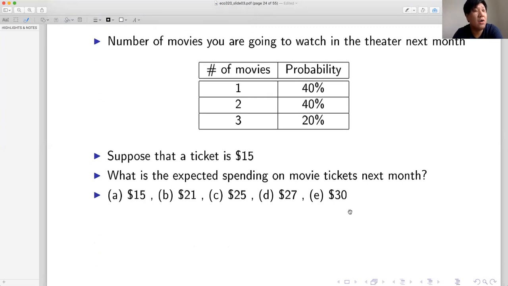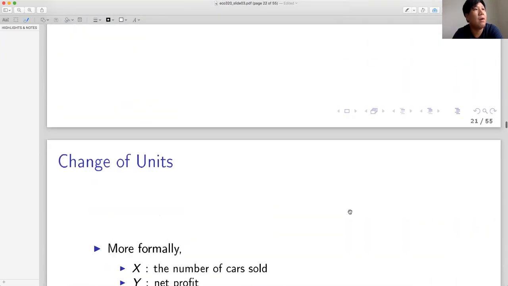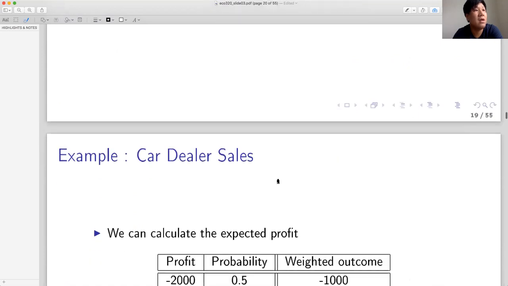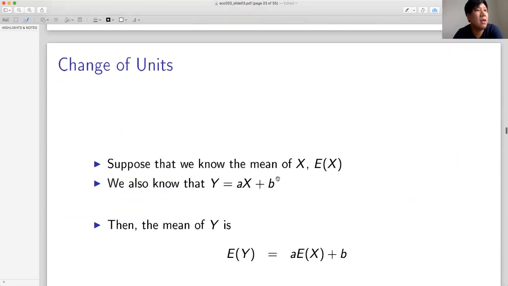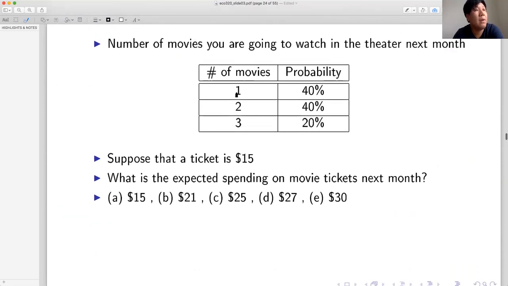The first thing you want to do is like you did in the previous question, where we found the expected profits. With respect to each car sales, the profit is negative 2,000 if we are selling 0 cars, and profit is 1,000 if we are selling 1 car, like that. You just do the same thing. So if we are having 1 movie, what is the expected ticket cost?